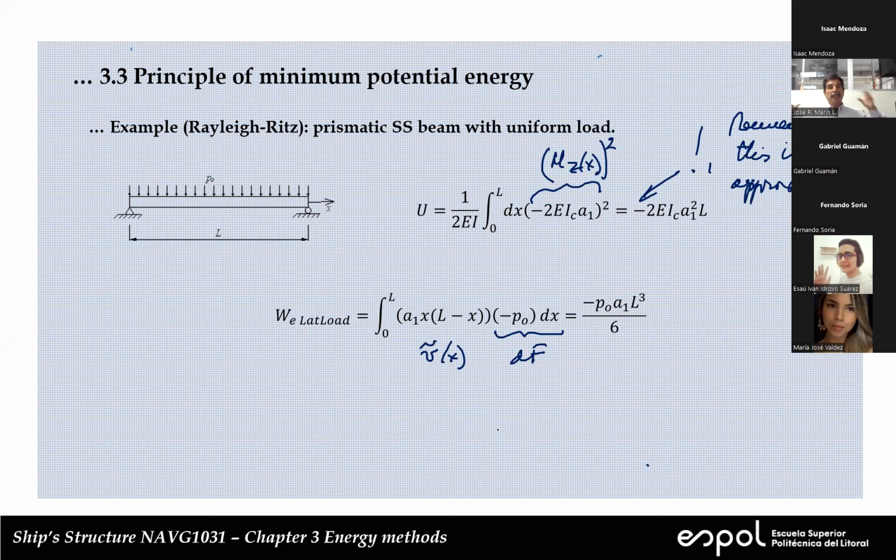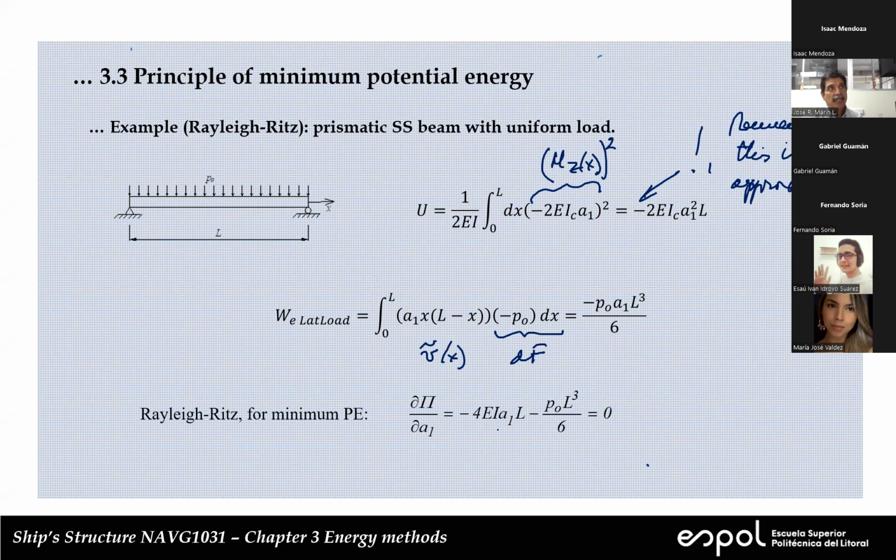So we can integrate both U and W to obtain those terms as a function of the proposed functions to approximate the solution. This is just an approximation, remember. Just an approximation.